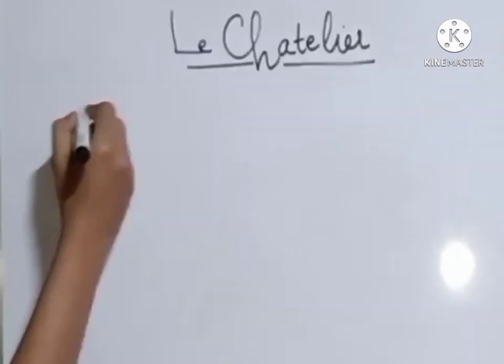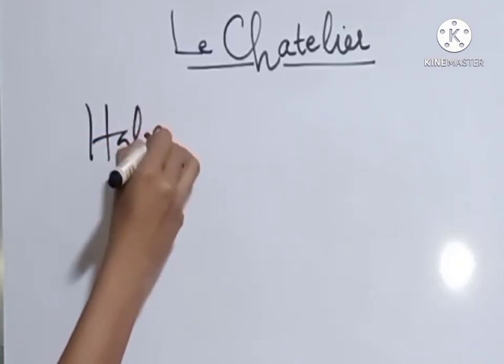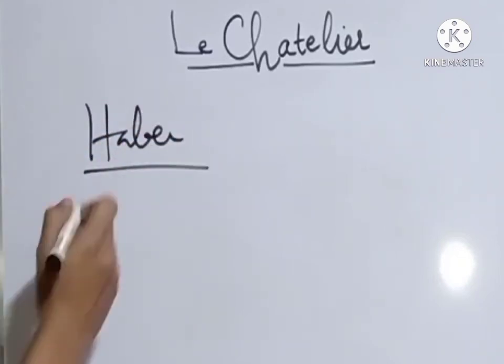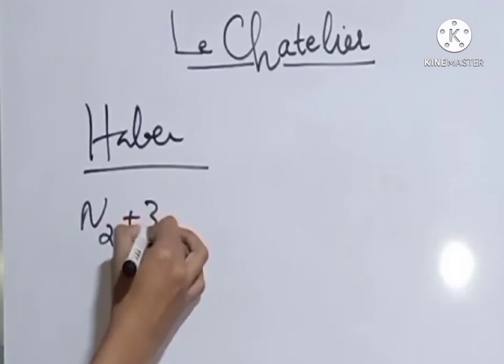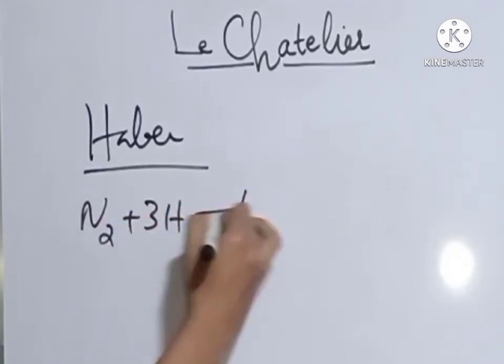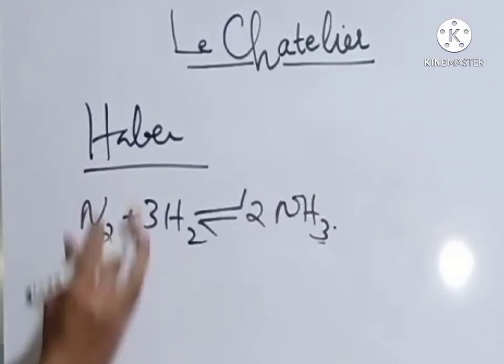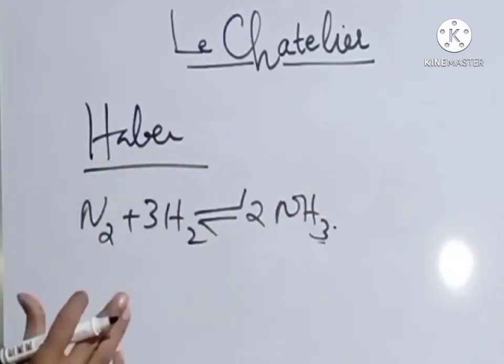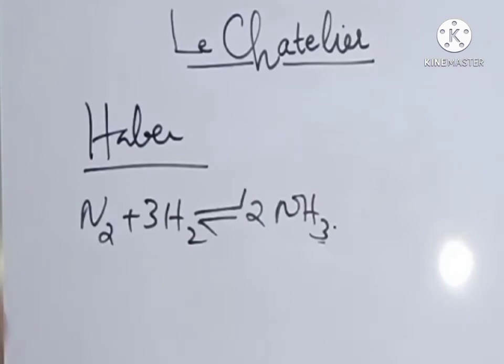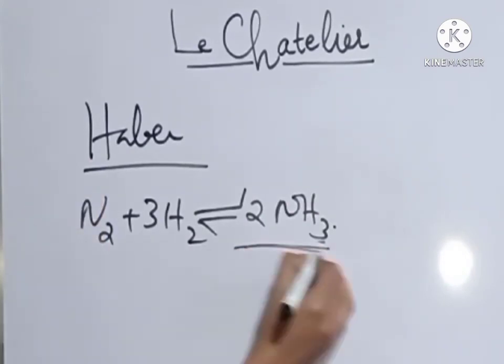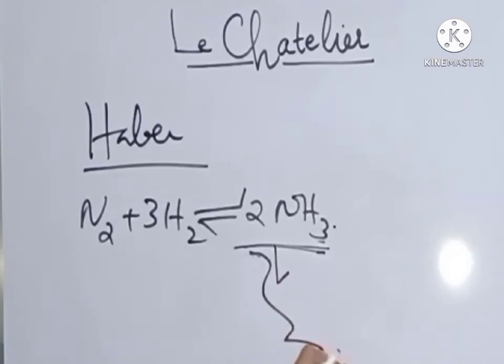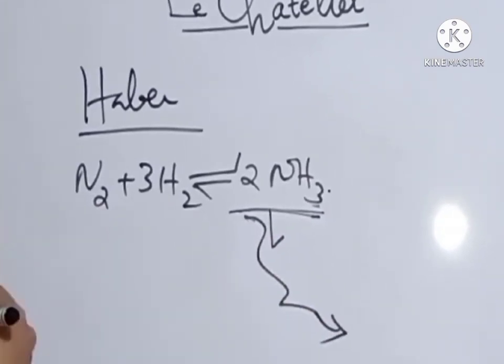For example, in the Haber process, N2 plus 3H2 reversibly gives 2NH3. In the Haber process, the required product is ammonia. So if you want to prepare ammonia in larger amounts, we need to remove ammonia at regular intervals of time.